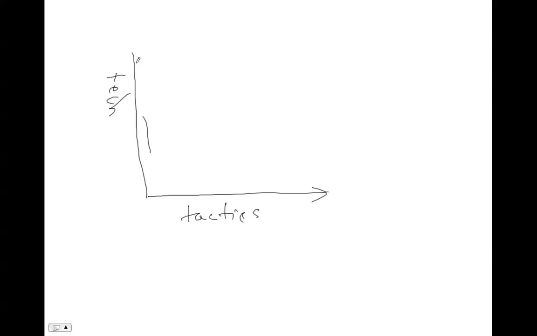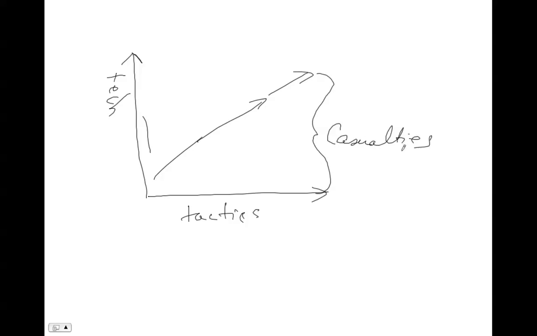So if your tactics stay stagnant and your technology keeps going up, it's going to increase casualty rates.